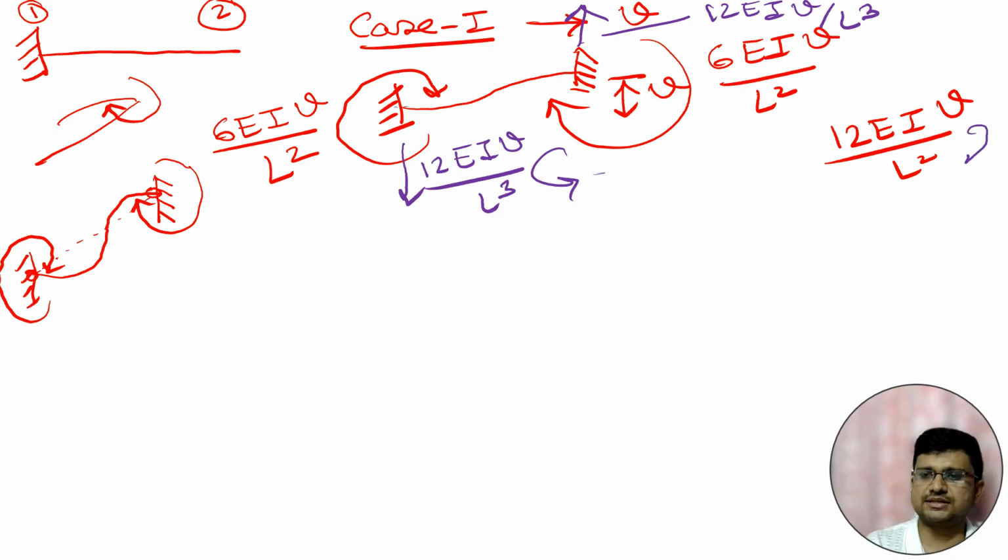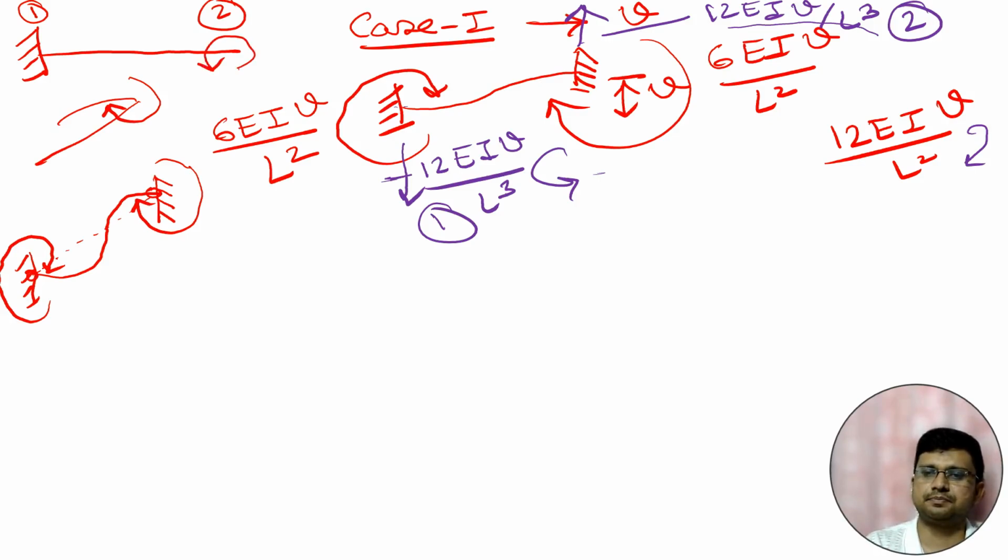Here it is clockwise in nature. So these two will counter each other. So now the reaction force will be 12 EI V by L cube at node 1, and for node 2 it will also be 12 EI V by L cube along the upward direction. So for the upward direction, we know that this force is positive. This force will obviously be negative because this is the downward direction. Now for moment, we know that for our particular coordinate system, the anti-clockwise moment is positive.